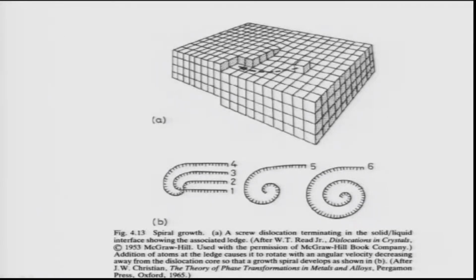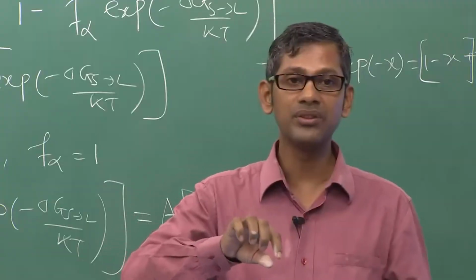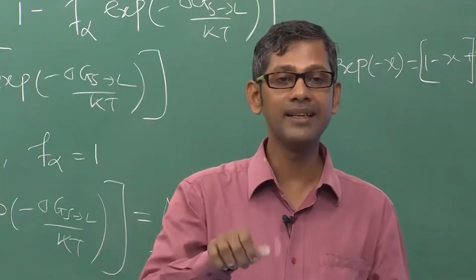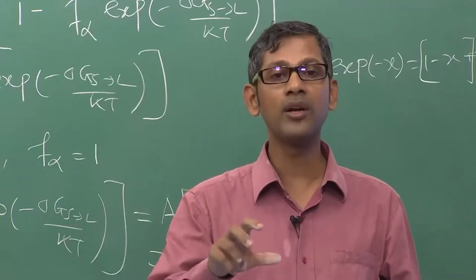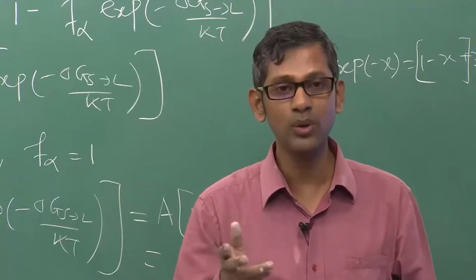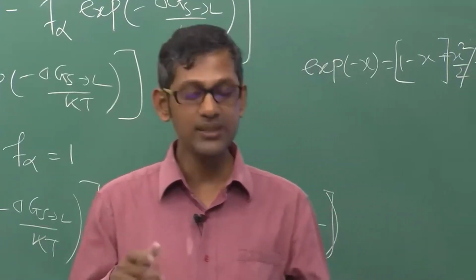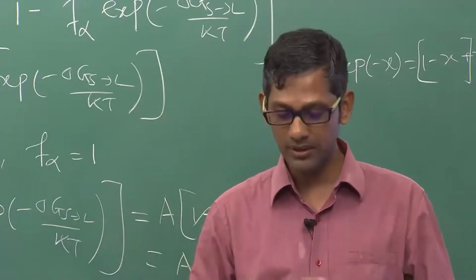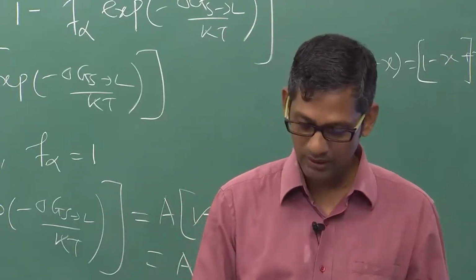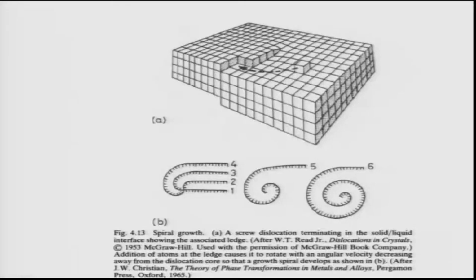Why will it rotate? Because if the atom comes, it can no longer retain its screw nature. As more and more atoms come, it will slowly lose its screw nature. So to retain its screw nature, it will try to rotate itself. That's what you see here, it is getting rotated. As more atoms come, this was there, then it is rotated, comes like this.